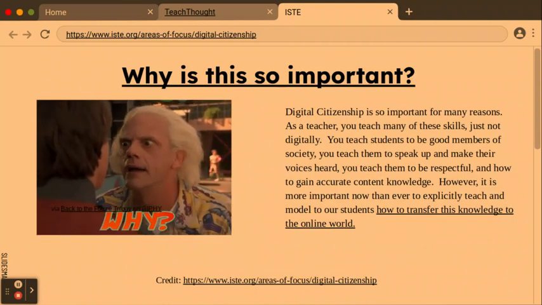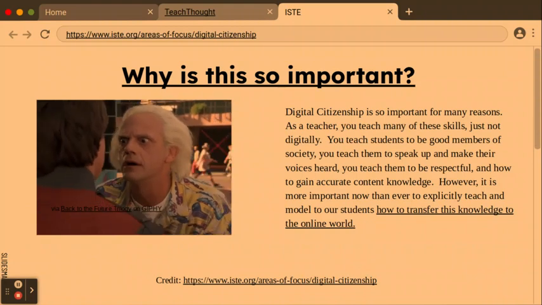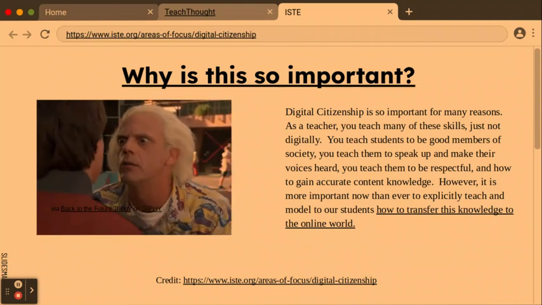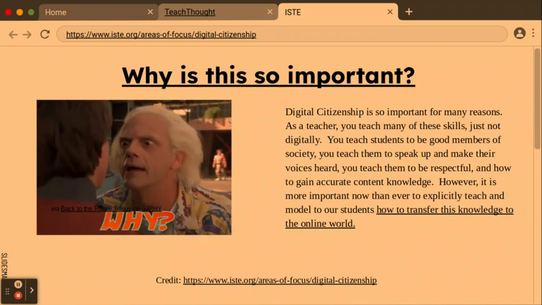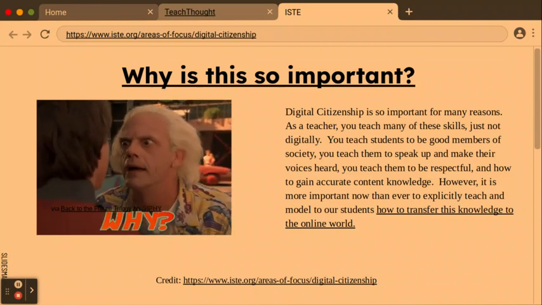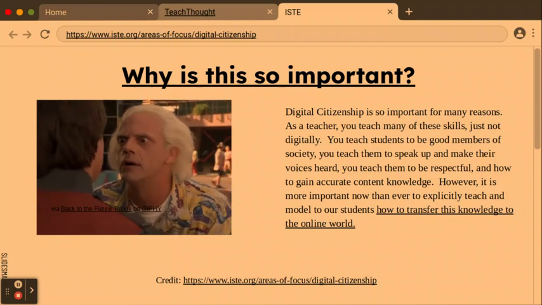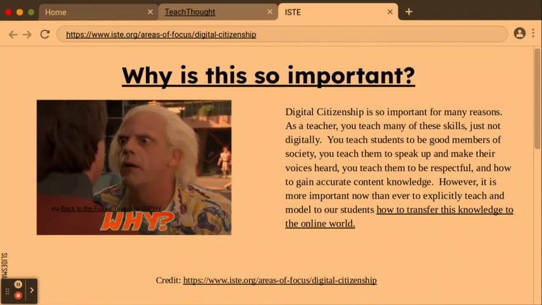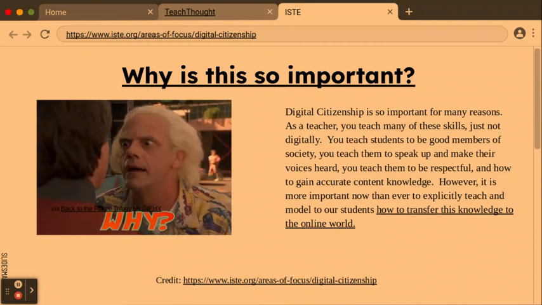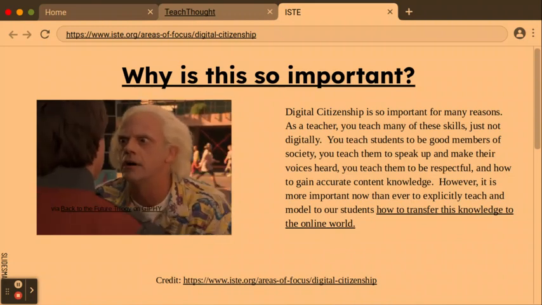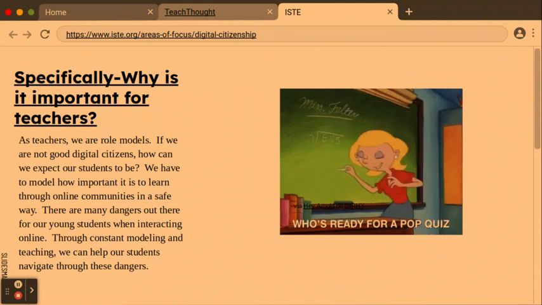So why is this so important? It's important because we as teachers want these things for our students every single day in the classroom, even if we're not looking at the digital layer. We want them to be respectful members of society. We want them to speak up, make their voices heard, and gain accurate content knowledge. However, we need to teach them how to transfer this knowledge to the online world so they can be successful there too.